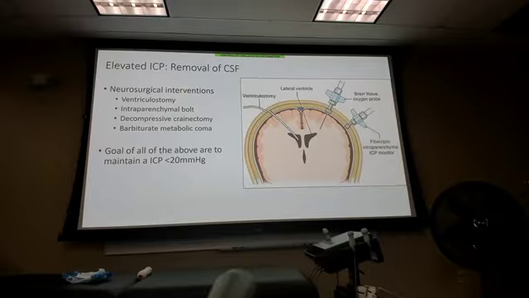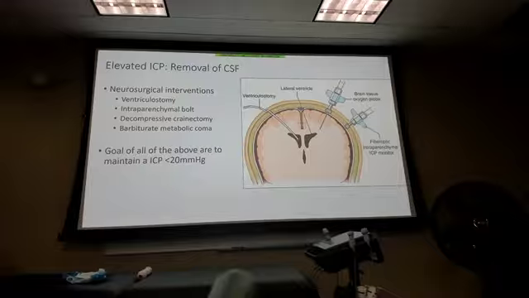It's the only real one that we have that is actually a drain, and we call it an EVD, an external ventricular drain. We drill holes through the skull and put this drain through the parenchyma and into the ventricle. We can measure pressure, and it can be therapeutic in drawing off CSF if we need to.